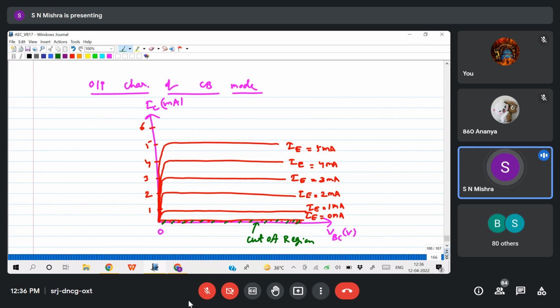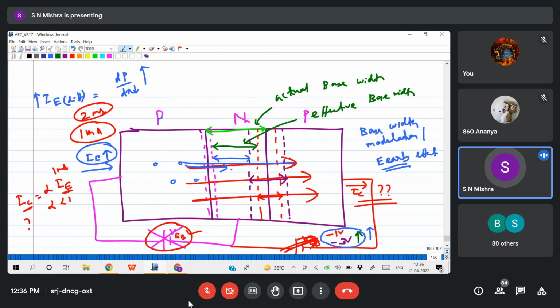So now look at the figure here. In the cutoff region, I have set IE as 0 milliampere. That means this voltage is open circuited, then only I'll not get any emitter current, yes or no? If I don't give any positive voltage here, then holes will not move to the collector side, so IE will be 0 milliampere.